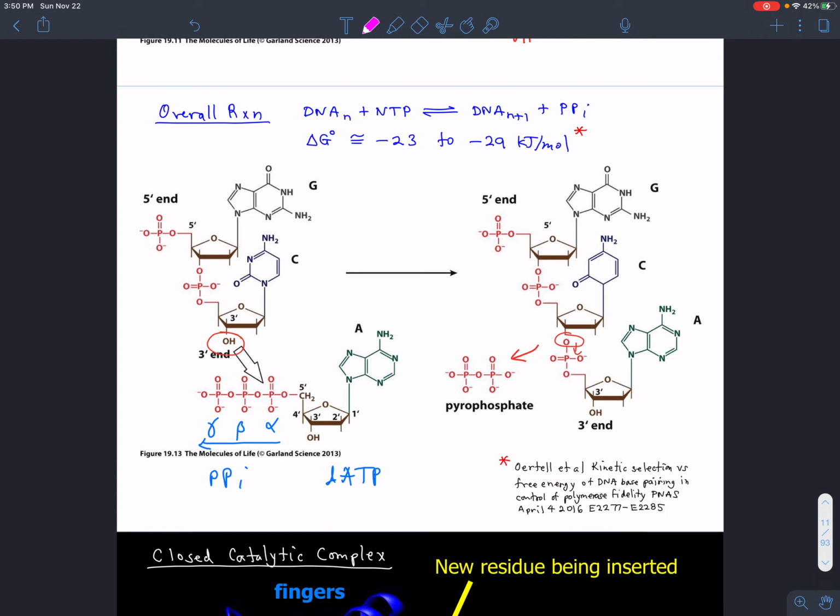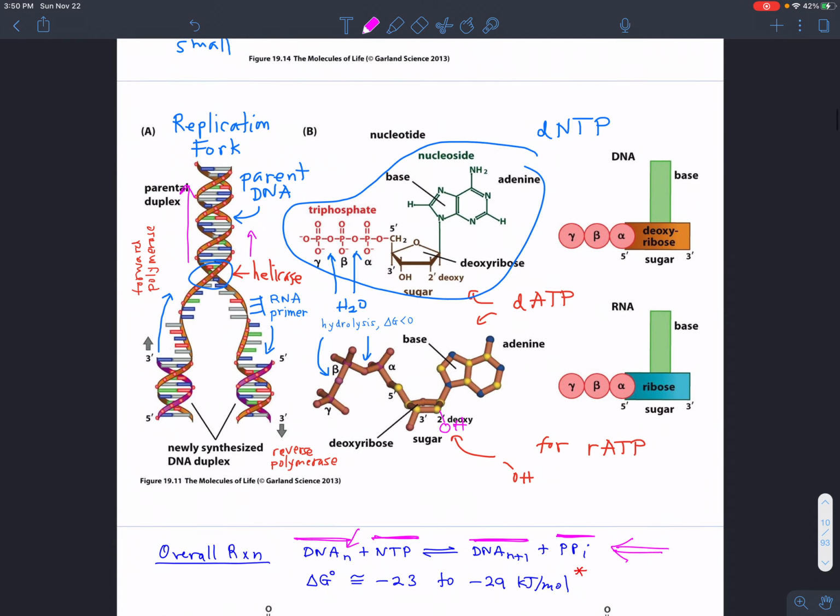All right, here's the overall reaction from a chemical reaction point of view. A DNA with N base pairs, however many N may be, plus a new nucleotide is going to become a DNA with an extra base pair, N+1. The nucleotide's going to get incorporated. And we're ejecting this pyrophosphate.